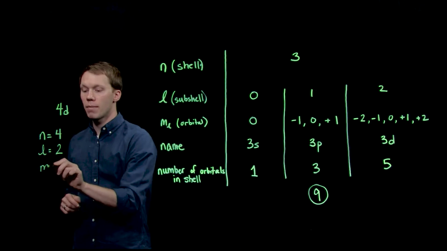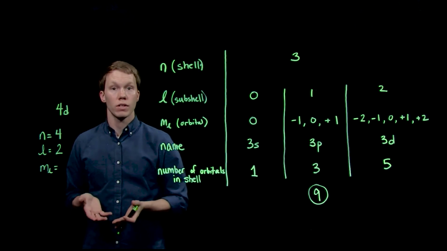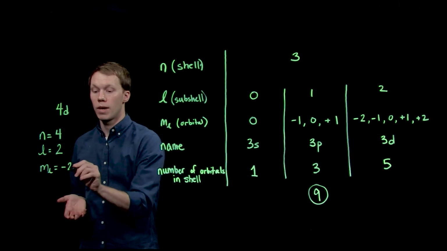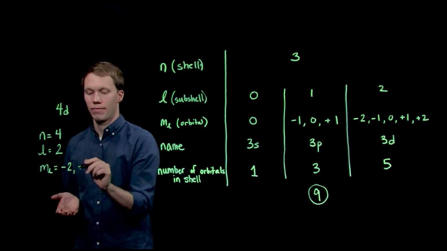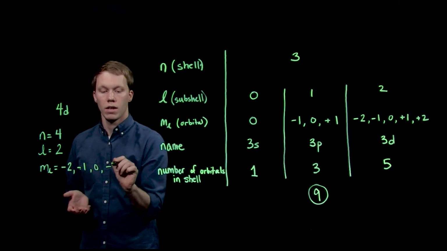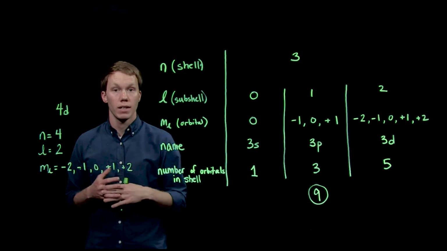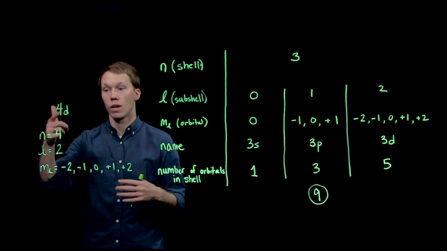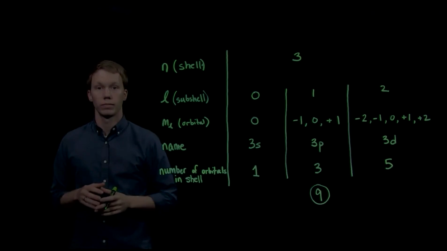And then m sub L, there are actually going to be 5 possible answers to m sub L, ranging from minus L through to plus L. And any one of those 5 is an appropriate notation for one orbital within the 4d subshell.